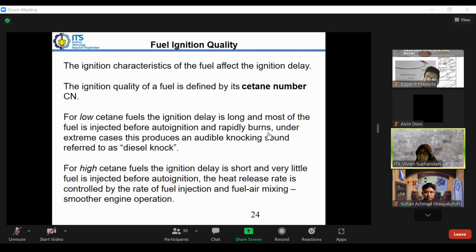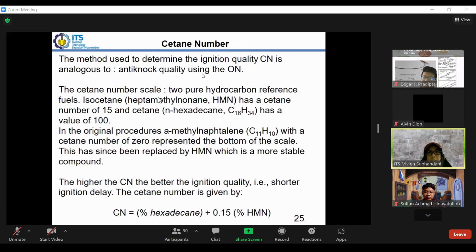So when we talk about cetane number, it's dealing with the ignition delay, whether it's short or long. And what we want to have is a short ignition delay. So the scale is between isocetane, or heptamethylnonane, which has a cetane number of 15, and cetane, which is n-hexadecane, which has a value of 100.